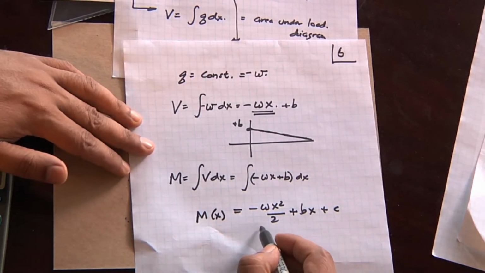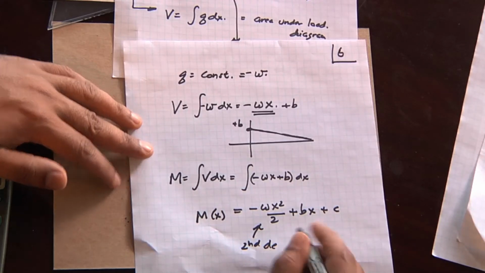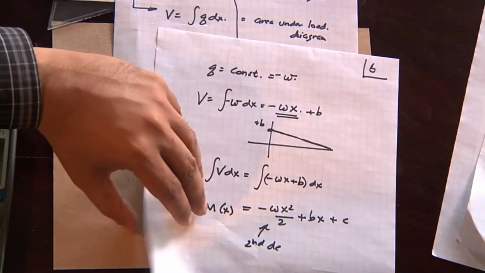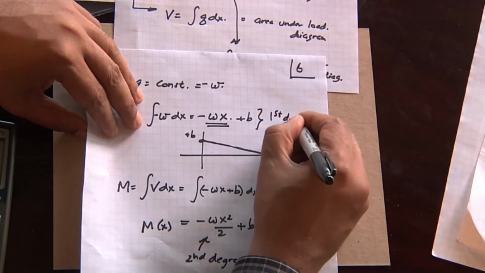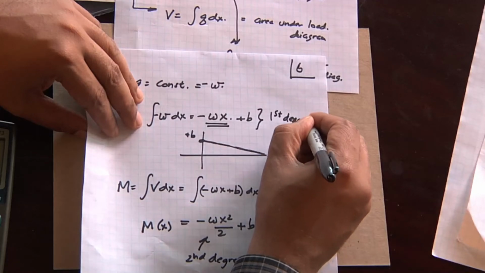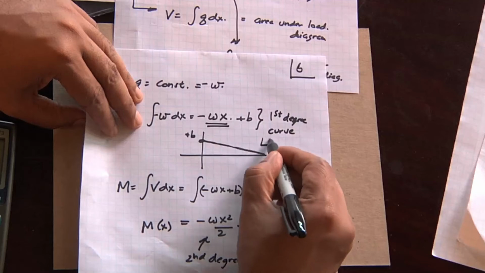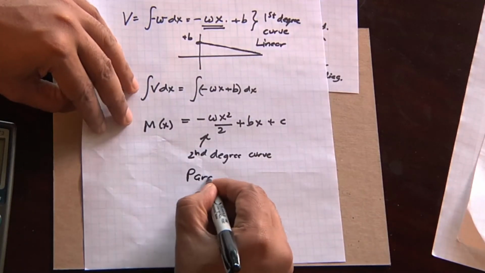And this is a quadratic equation, or what we call a second degree curve. This is a first degree curve. So all that means is that this is linear, and a second degree curve means that it's a parabola.